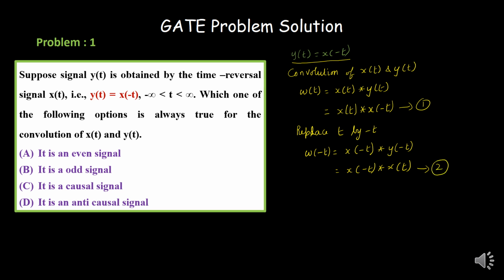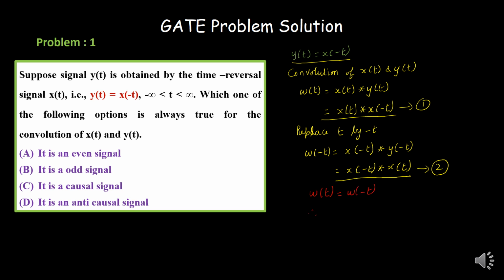Now compare first equation and second equation. The first equation is the convolution of x of t and x of minus t, and the second equation is the convolution of x of minus t and x of t. So for the convolution, the commutative property is satisfied, so that we can conclude the convoluted signal as W of t equal to W of minus t.